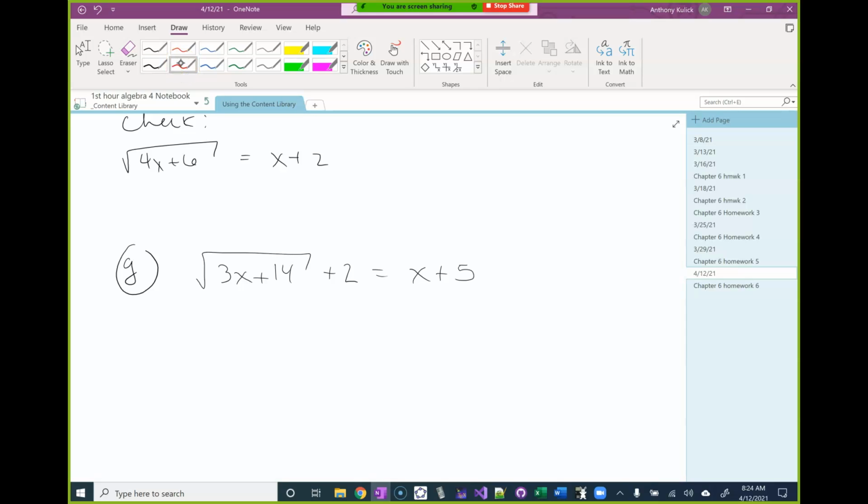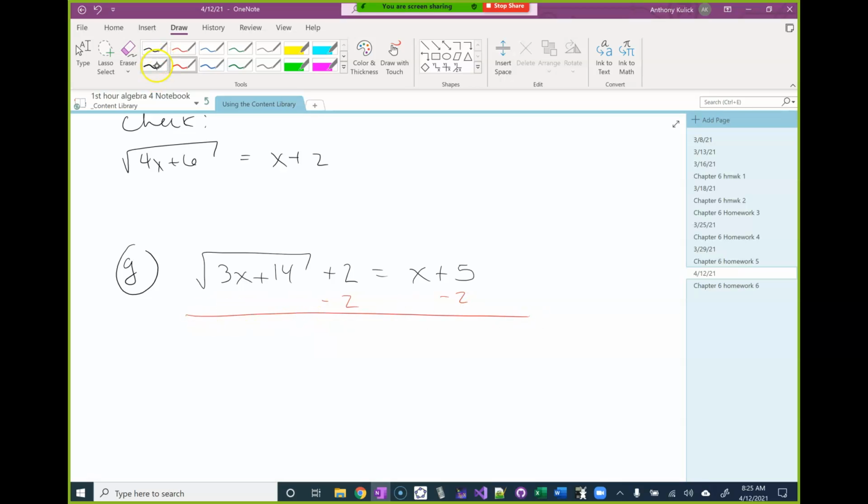Okay, what should I do first here? So first thing I'd want to do is to isolate the radical. So I'm going to subtract 2 from both sides.